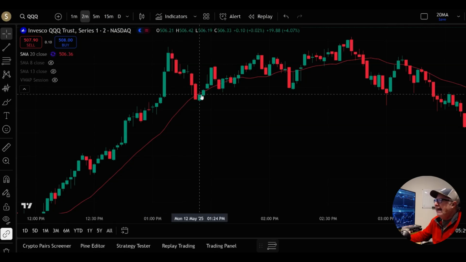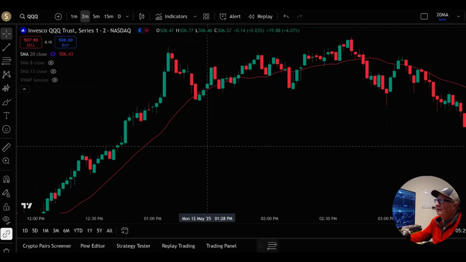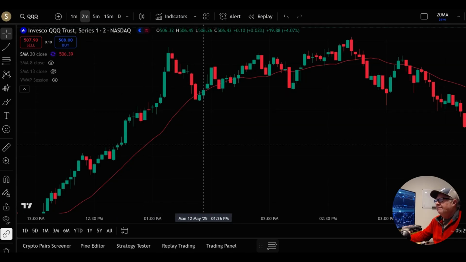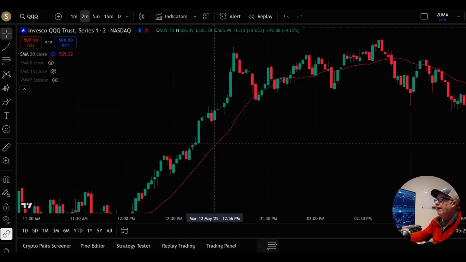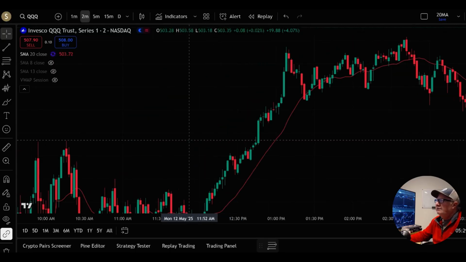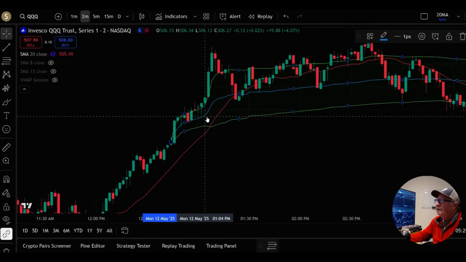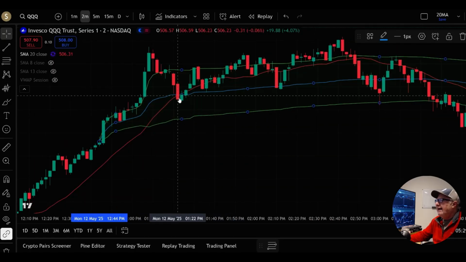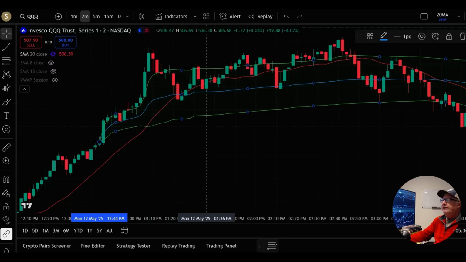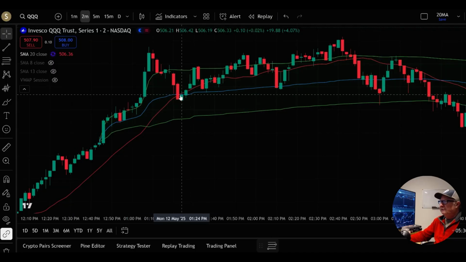But if we want to add in another indicator on top of the 20 that will help us, it can't be VWAP after this breakout. So we have to add in anchored VWAP. Again, back to where the breakout occurred. And now we can use the anchored VWAP. And again, we can see its support. It's at the 20. So you've got two indicators instead of just the 20 holding.